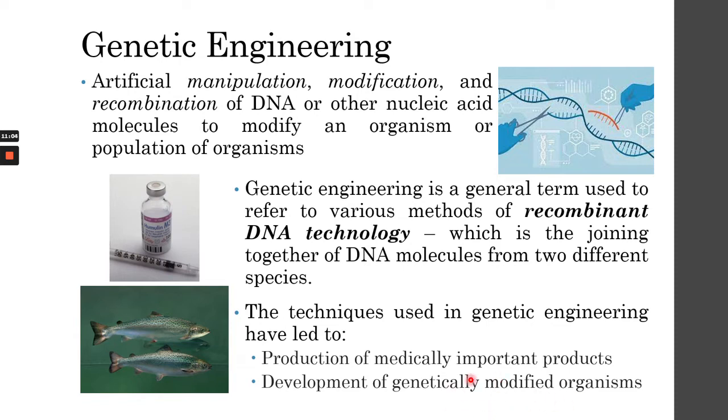So not only are we making food bigger so that we produce more, but we are also increasing the nutritional value of food. So that's a lot of the applications of genetic engineering, more specifically recombinant DNA technology.